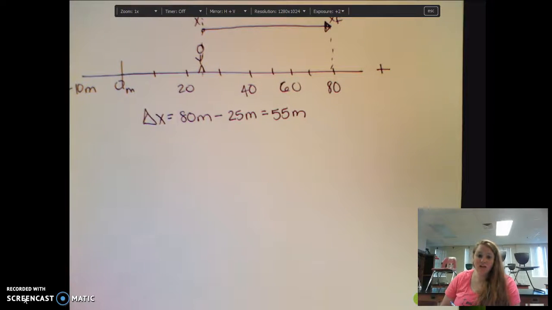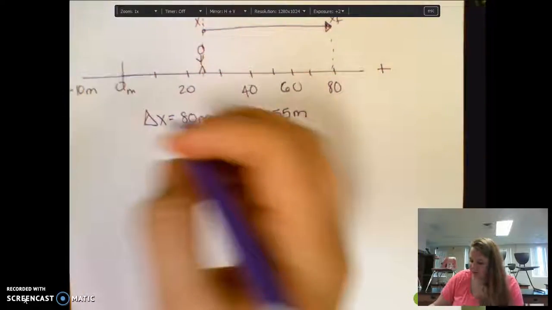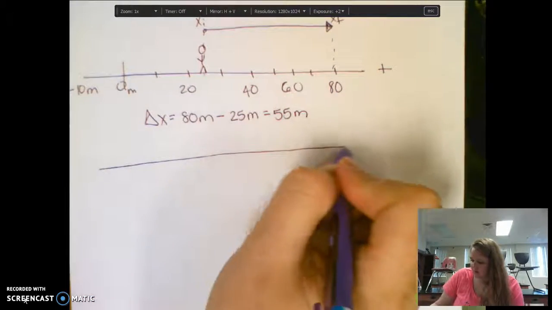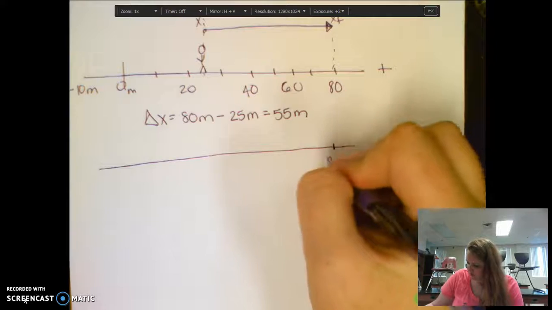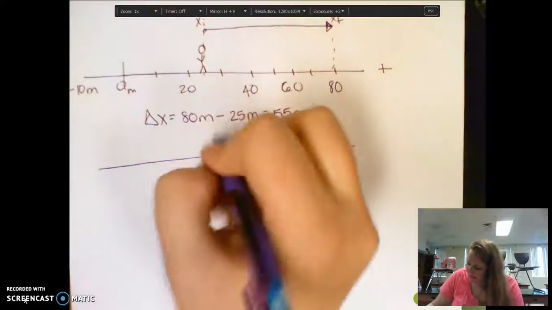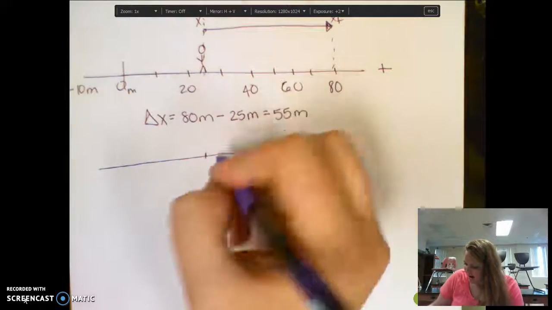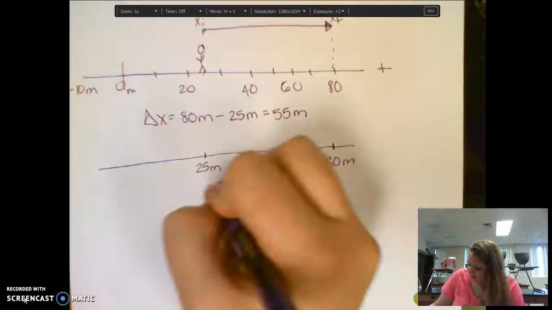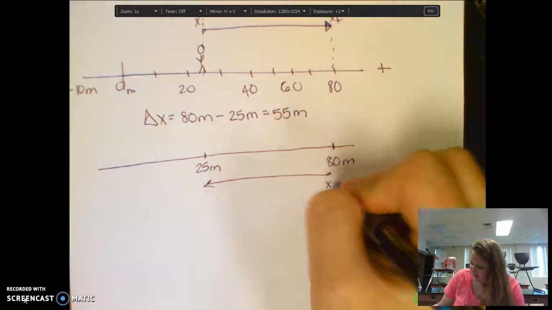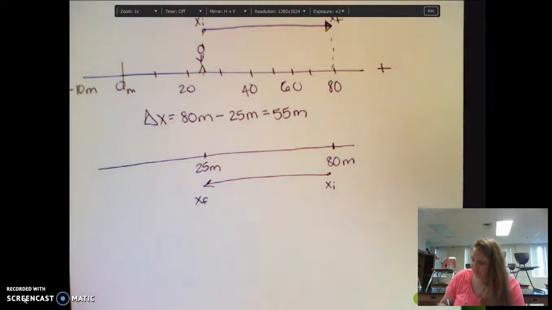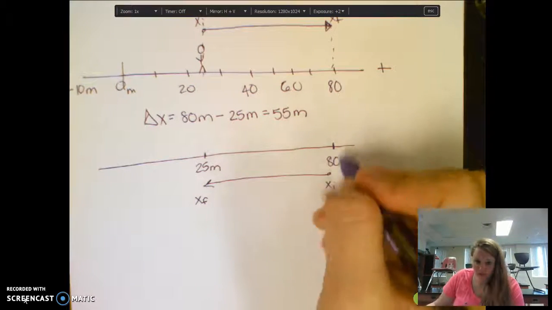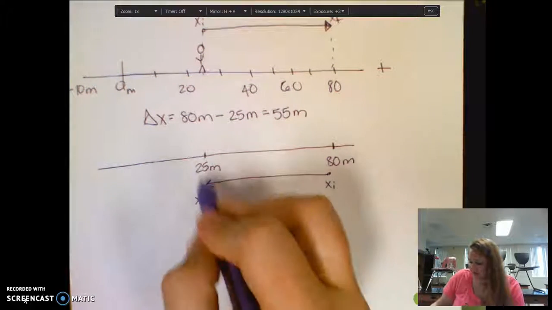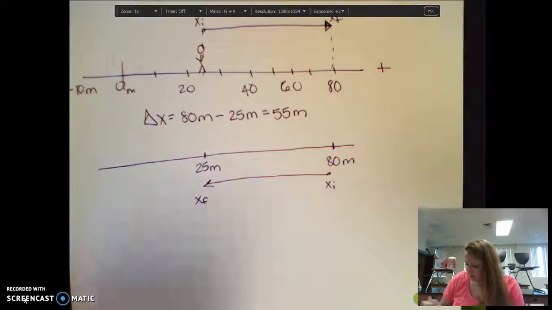Now, what if we're moving to the left? So this person starts over here at 80 meters, and we're going to go back to 25 meters over here, but now we're moving to the left. XI, XF. This is where I started for the second portion. This is where I end for the second portion.